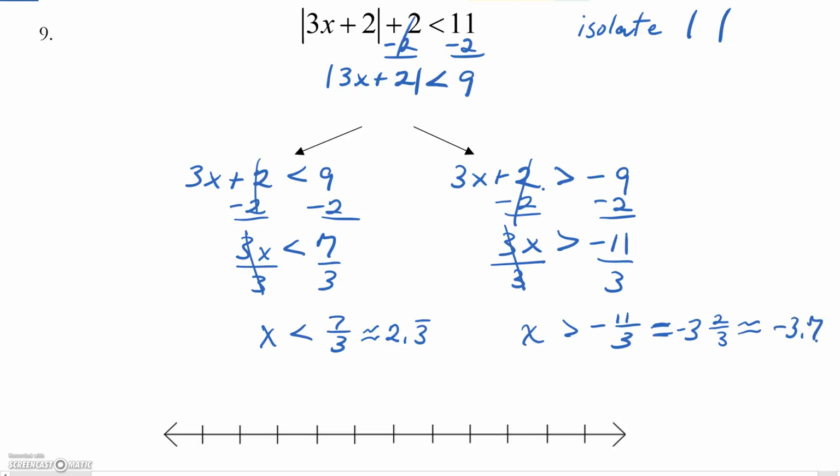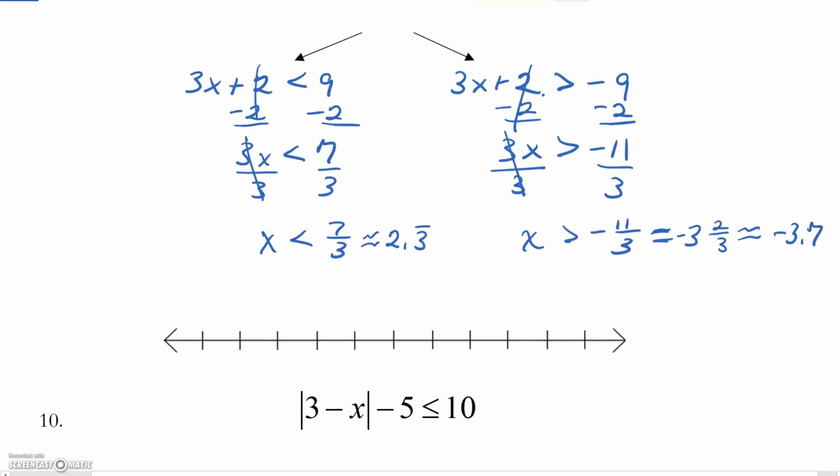It's approximately that. So now we have a good idea where to put some numbers on our number line so we can graph the solution. So let's see, 2.3, negative 3.7. Well, if we make this negative 3, let's make negative 3.7 right there. We'll put it there.